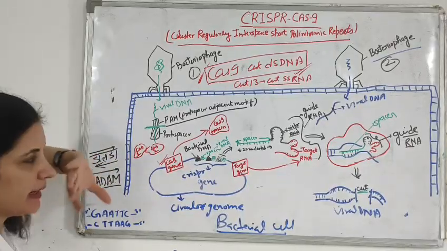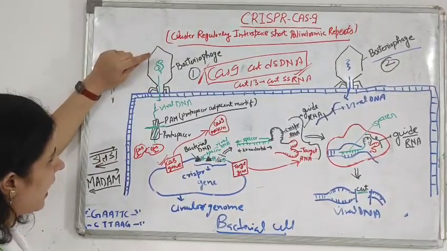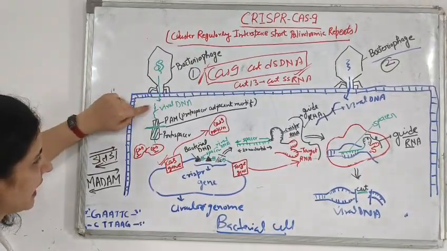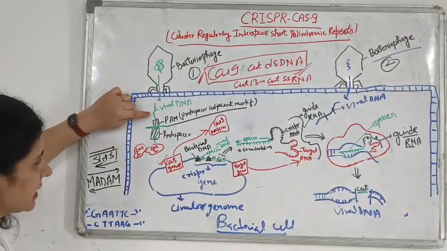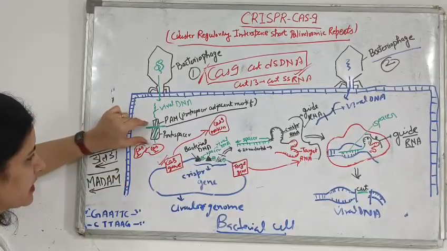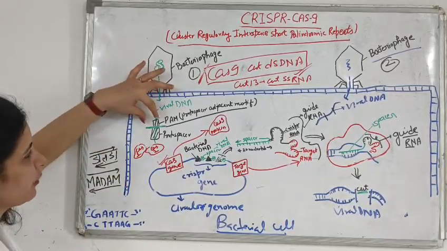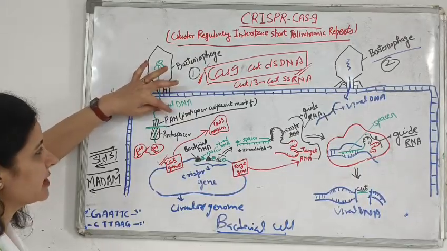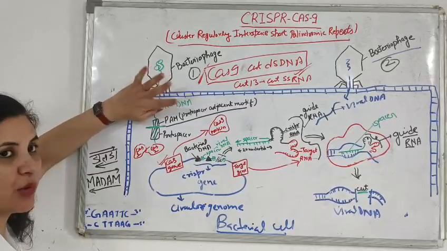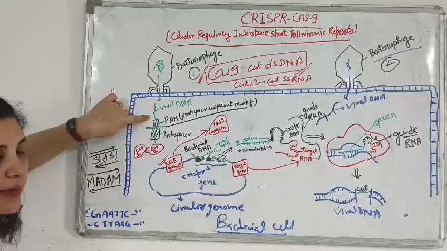Similarly in bacteria. This bacteriophage will leave its DNA inside the bacterial cell. This green one is the viral DNA, and it has a protospacer sequence, and above this protospacer sequence there is a PAM. What is PAM? PAM is the protospacer adjacent motif, and it is present above the protospacer sequence.